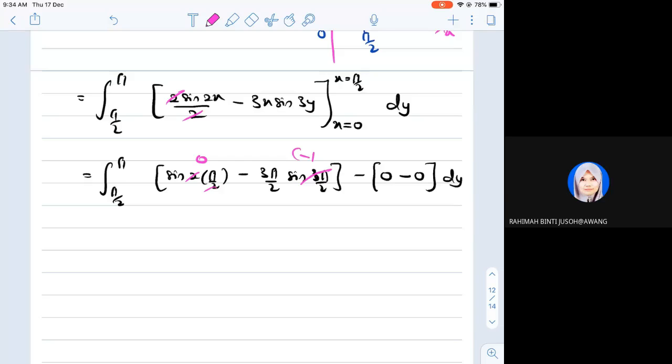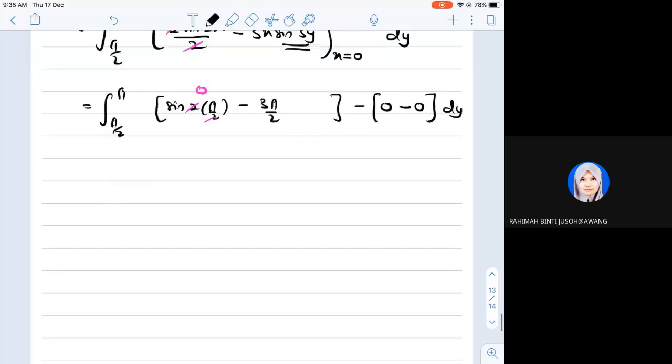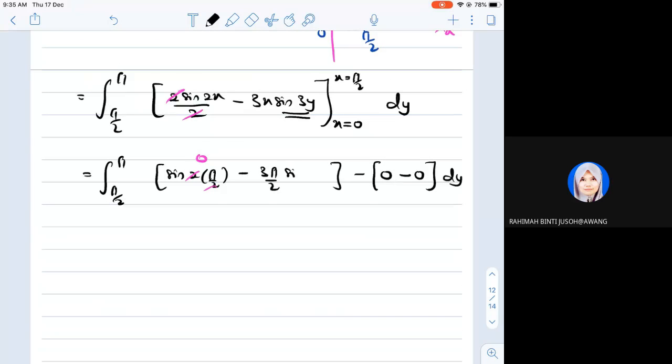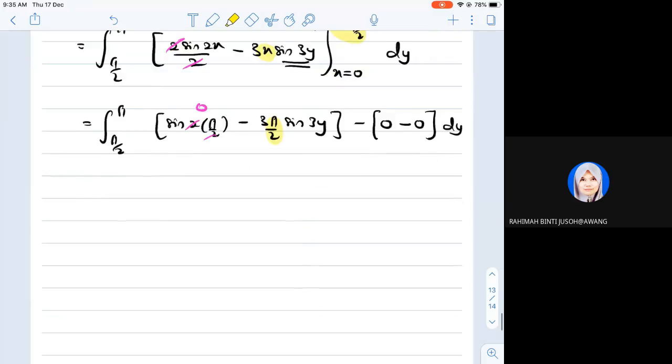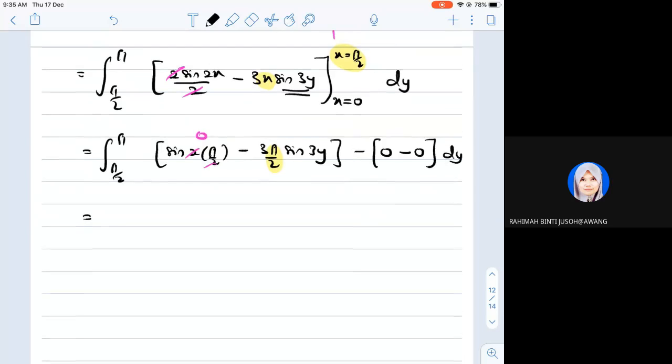Sorry, no need for me to substitute here, because I got confused. This sin 3y just maintain, because we only substitute for x. So 3 pi over 2 is x, and sin 3y just stays as sin 3y. I made a mistake, sorry guys. Okay, so sin pi is 0. So we have negative 3 pi over 2 sin 3y.